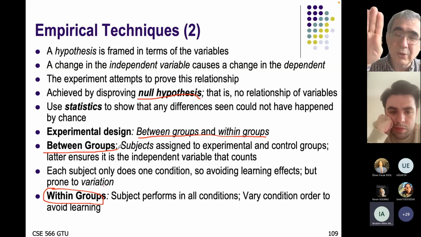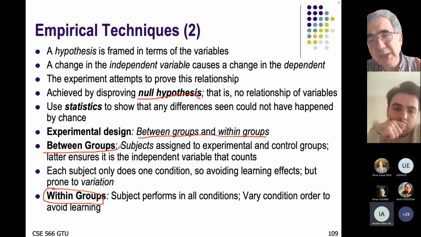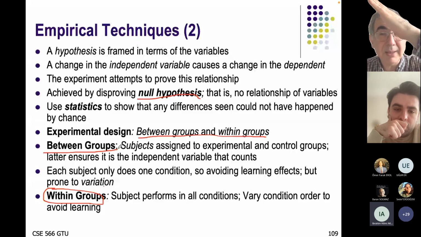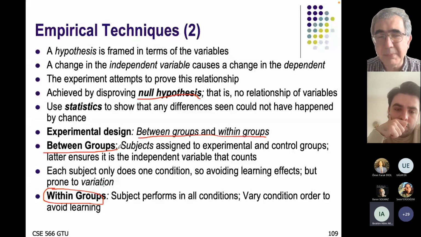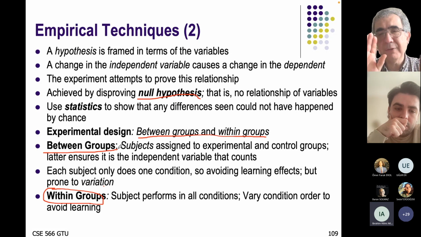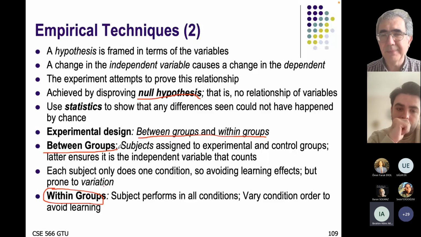So you divide the group into 2 and change the order of execution, because if you give mouse to everybody as a first choice, they learn the task as well. So second time they will perform better. Therefore, in order to cancel the learning effect, half of them will do A first, half of them will do B first. Then they will swap.